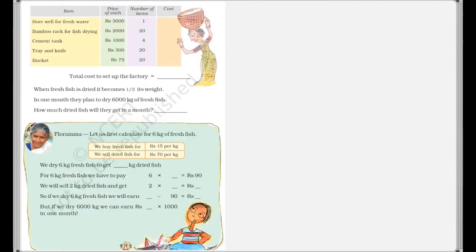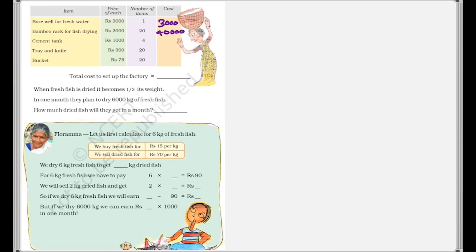So this is the table. Borewell for fresh water, it's rupees 3,000 and only one is required, so cost will be 3,000 only. Then next we have bamboo rack for fish drying. It is 2,000 per piece and 20 pieces are required, so it will be 40,000.